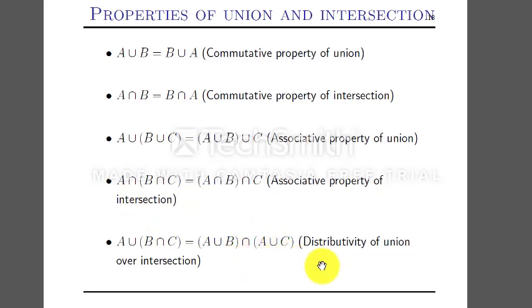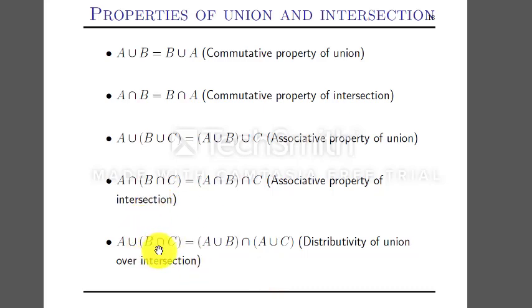There is a distributive property of union over intersection. We can distribute the union. The distributive property of intersection over union also exists, and if we have three sets A, B and C, then this property must hold for any type of sets.